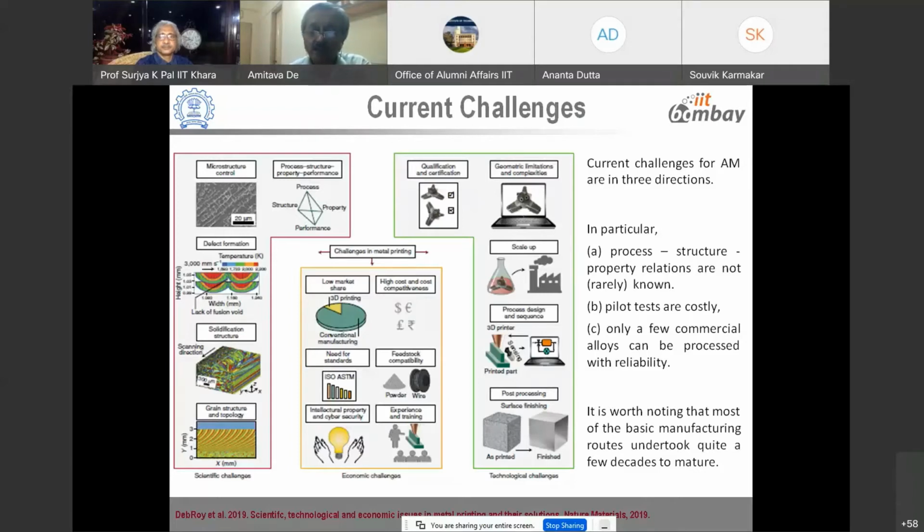Technological challenges are not only that these are difficult, but also, in the other cases, the conventional processes, we have been very conversant with doing a large number of pilot trial and error tests to find out the suitable zones of processing conditions which would give us the best possible property, best possible surface finish. As we are working in most cases with powders as the feedstock material, or even feed wires, filler wires, these are much more costly compared to bulk material, a block of material.